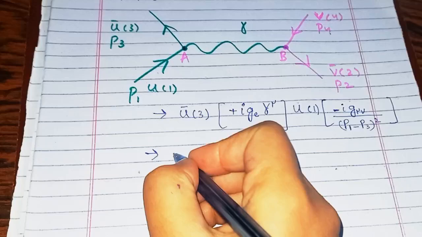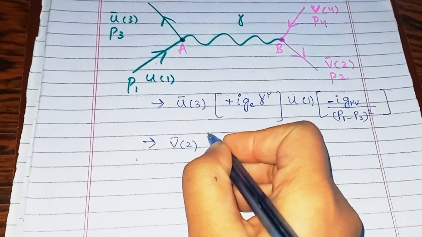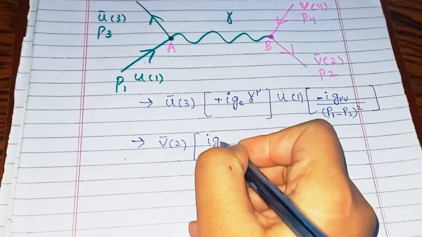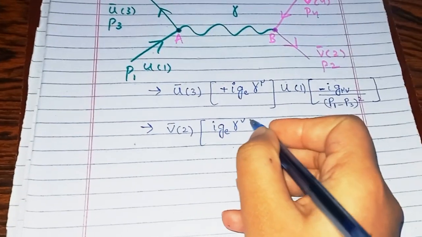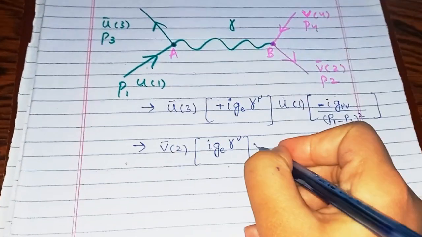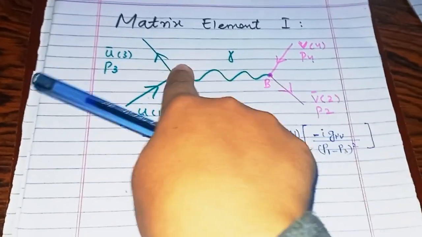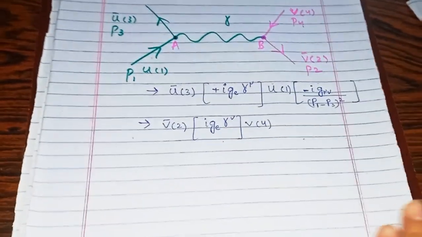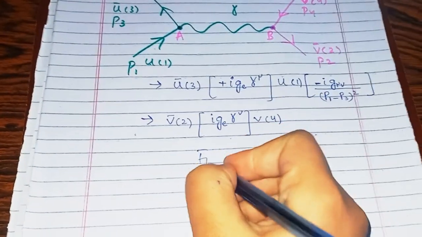So it's v bar of 2 first, then the vertex vector, gamma with mu this time because the positron is absorbing it, and then we have v of 4. The propagator is already incorporated here, so we don't need to do it again. So that is all the matrix element for figure 1.